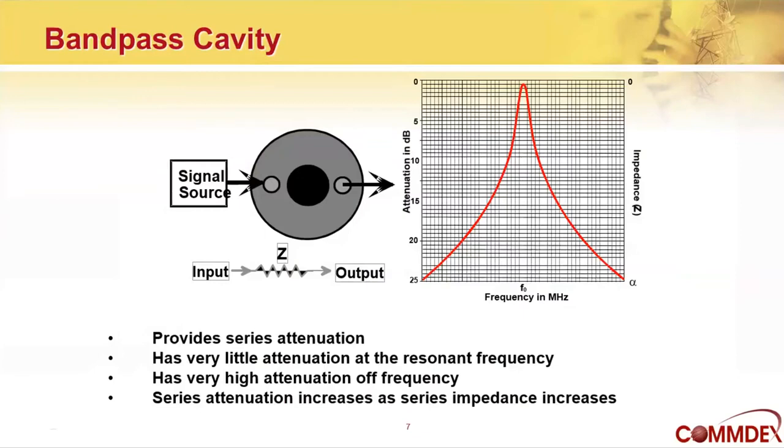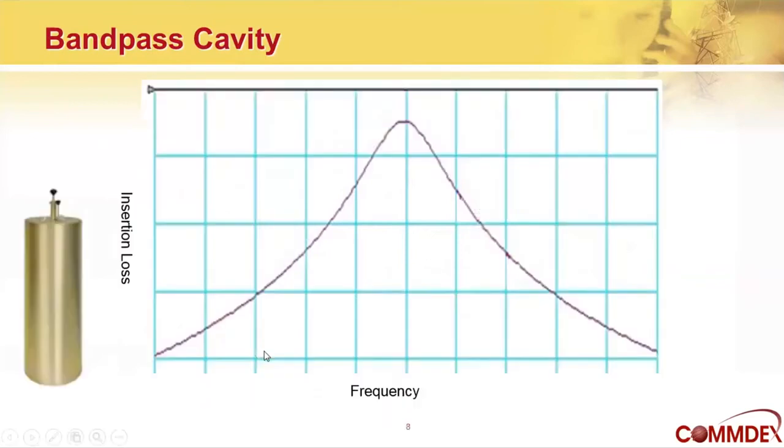That's why this makes such a good filter. Series attenuation increases as the impedance increases. So this will be a very useful device, as we'll see. Here's another bandpass response curve, not quite as sharp as the one previous, but also a good bandpass cavity.